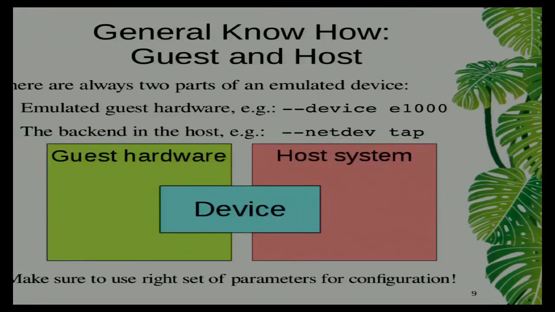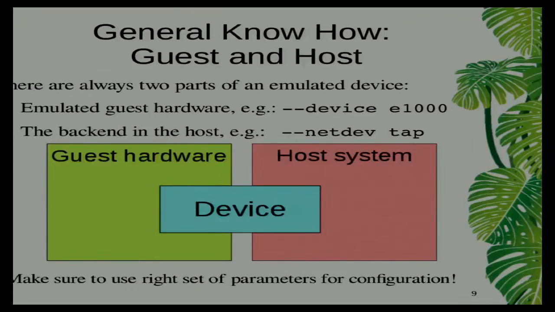So the hardware in the guest has somehow to interact with the outside, and this is the host backend. For example, an E1000 network card could be attached to a tap host network via a bridge to the outside.